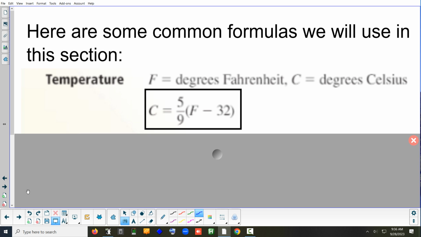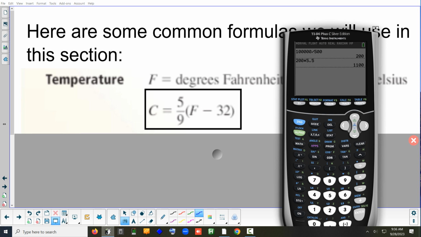This is a formula that converts between, it takes a Fahrenheit temperature and it converts it to a Celsius temperature. So like if you said, the temperature today, let's say it's like 65 degrees out. Okay, what would that be if they were talking about it in a country that used Celsius? Well, you'd fill in the 65, and it's in parentheses, so you minus 32 from it.